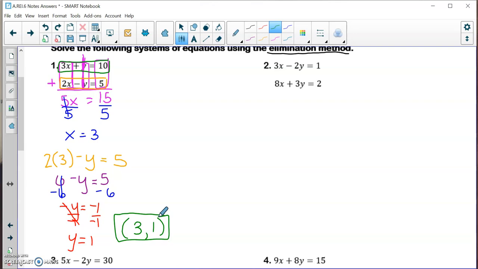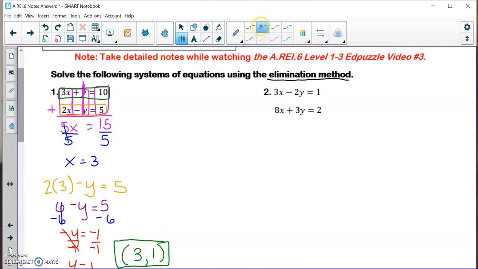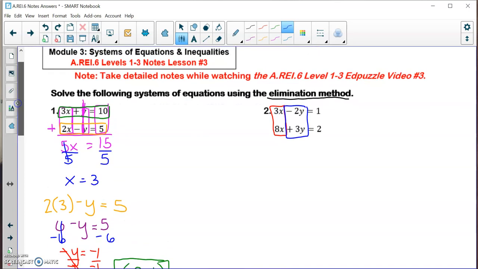All right, moving on to number 2. Well, if I look at my x's, they do not have opposite coefficients, and my y's also don't have opposite coefficients. So I'm going to need to do something to either one or both of these equations to help me obtain opposite coefficients.